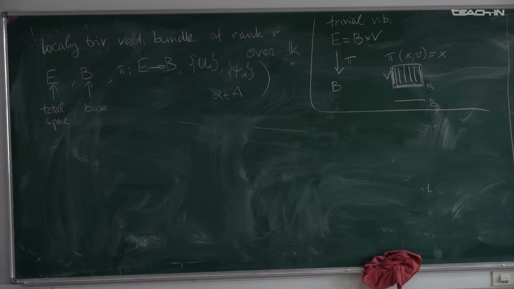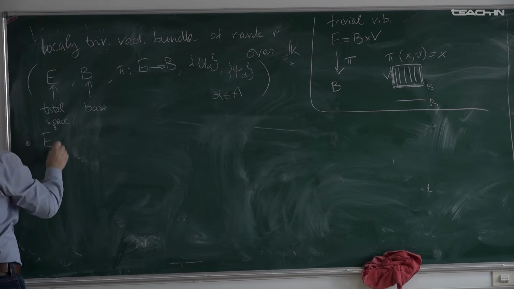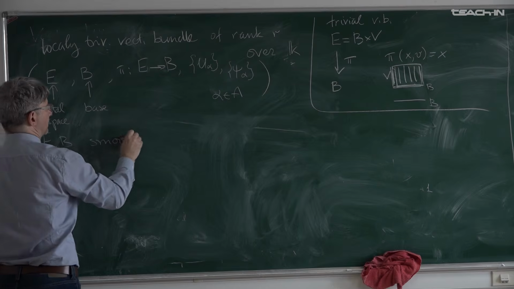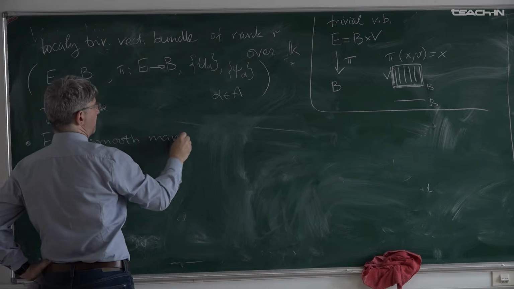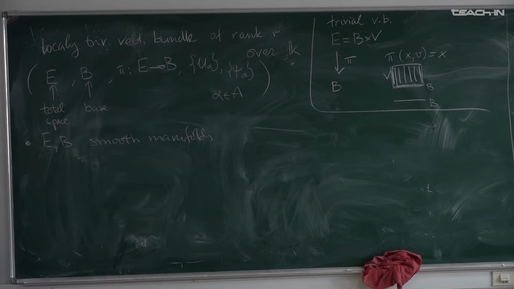Because we speak about a locally trivial vector bundle, let us speak about what we have here. E and B should be smooth manifolds. Is it possible to consider not manifolds, some other spaces? It's possible, but in our setting, because we speak about differential geometry, we want to consider only smooth manifolds.